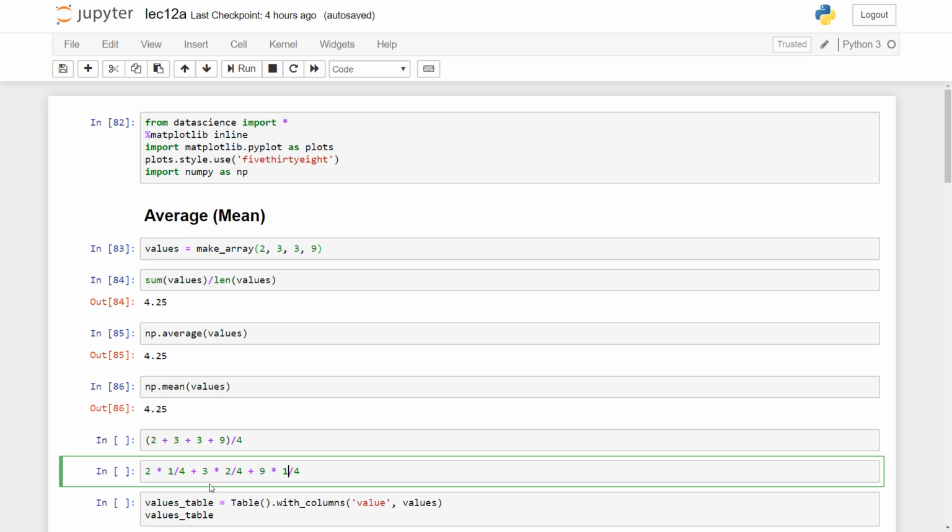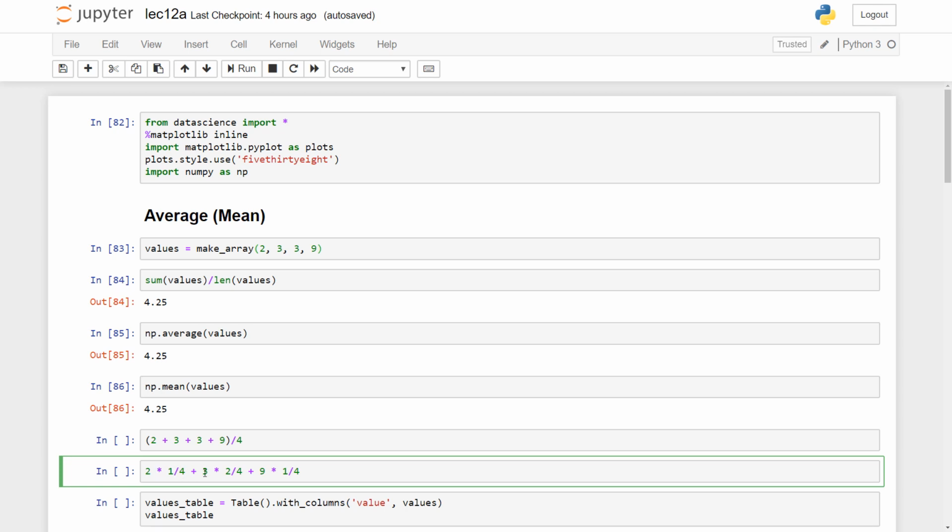We have 3 distinct values in the array, which are 2, 3 and 9, and the mean is a weighted sum of these values. The weight of each distinct value is the proportion of appearance of that value in the array.